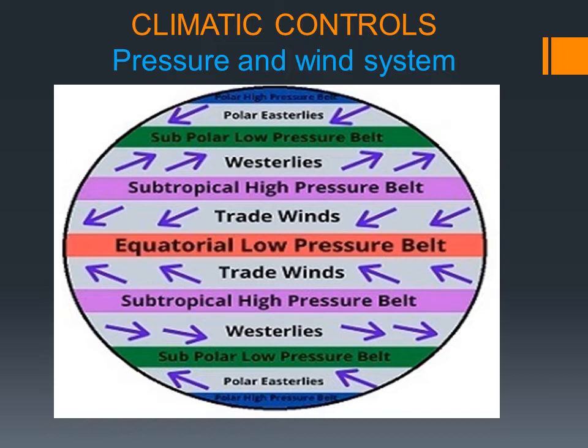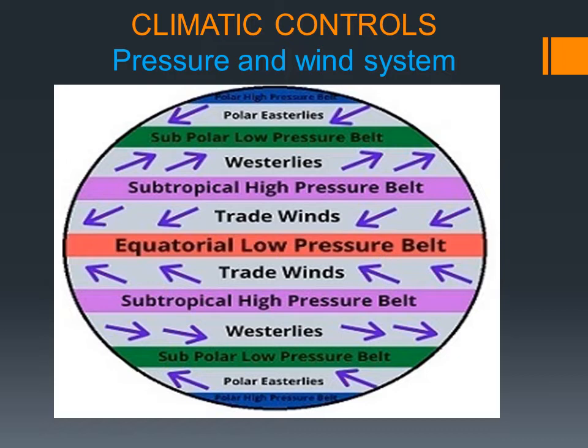Since the temperature is low, high air pressure is created there. So it is always high pressure, and when the wind starts moving, it moves to its right towards the subpolar low pressure belt.